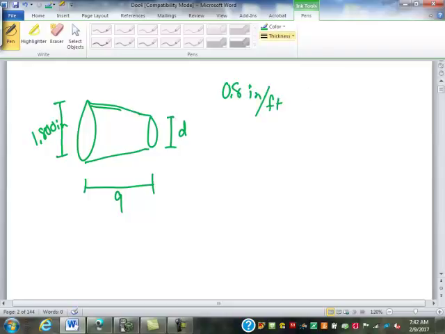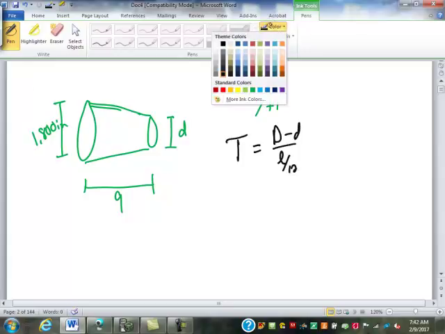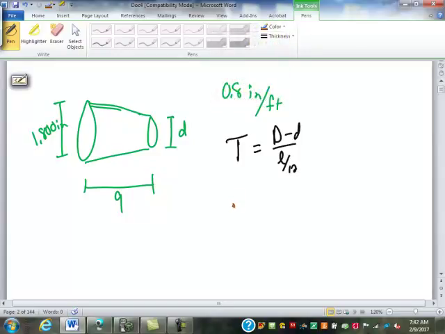Find d. So do the same type of thing. Taper equals big D minus little d over L over 12. So 0.8 goes in for T. 1.8 goes in for big D. We're looking for little d. 9 over 12 down here.